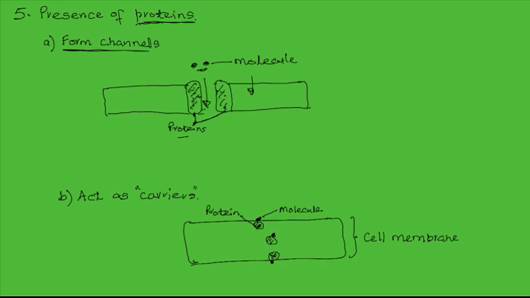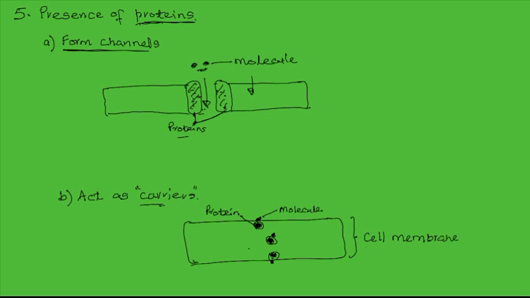Now, the second way in which these proteins facilitate the movement of substances across the cell membrane is by acting as carriers. So they're known as carrier proteins. The carrier proteins are located within the cell membrane. In each cell, within the cell membrane, there are particular proteins that move back and forth within the membrane, and in the process ferry certain molecules across.